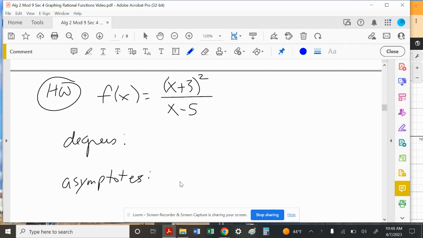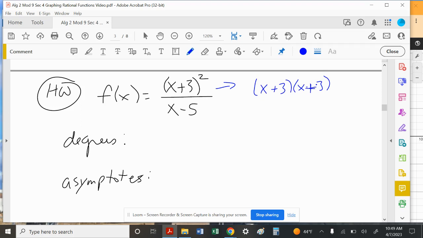Okay, so f of x equals (x plus 3) quantity squared over x minus 5. Now, you notice that we are going to have an x squared term if we multiply that through. I could FOIL this, multiply x plus 3 times x plus 3, but I can easily see that the only thing I need to take care of is the degree of the function, and x times x is x squared.